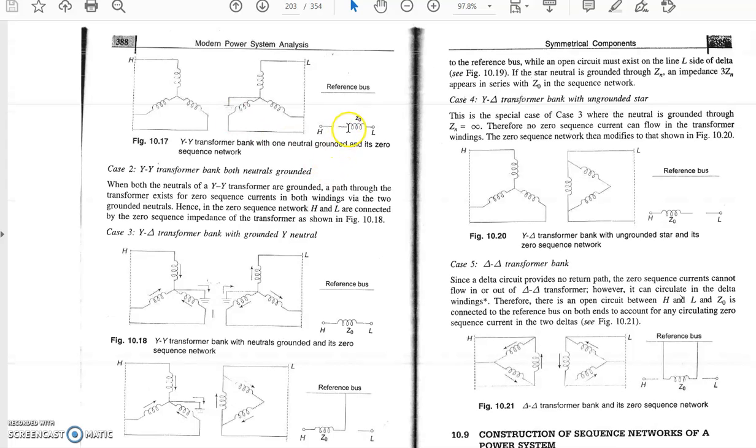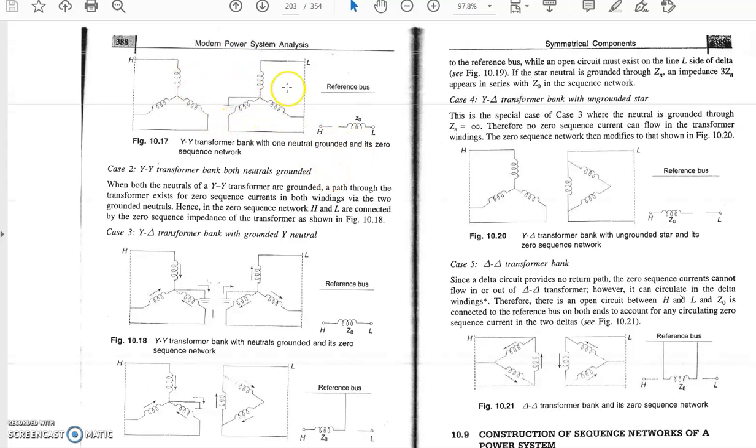Suppose Z naught is the zero sequence impedance of the transformer. As the primary side is not connected to ground, zero sequence current cannot flow here, so this is disconnected. And as it is a grounded star in the secondary, this winding can be connected to the Z naught. So this is the per phase equivalent circuit, the single phase equivalent circuit of the zero sequence network of the star-star transformer.